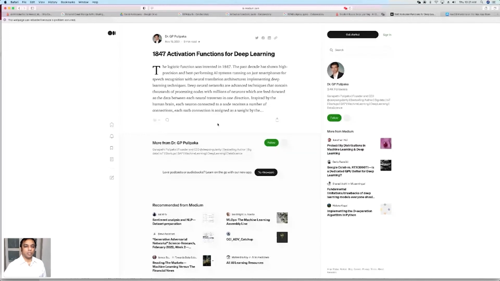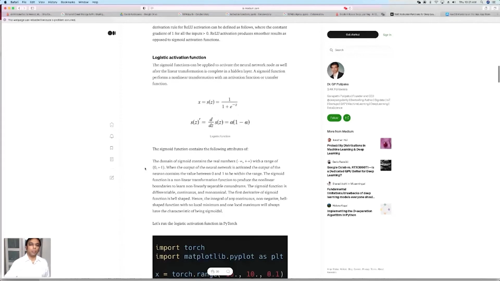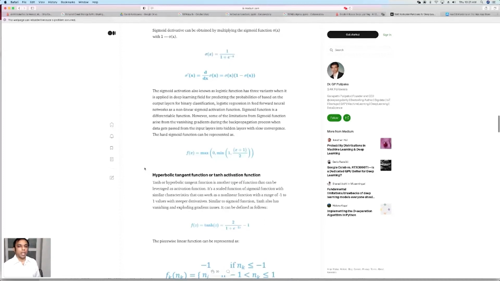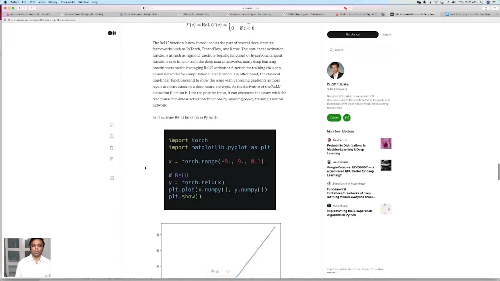For each activation function, you can see how to apply the logistic activation function, the hyperbolic tangent or tanh activation function, or the ReLU, which is the rectified linear unit activation function. You can take a look at each of these functions and see how to implement them. There is an example based on PyTorch, TensorFlow, or Python that you can implement, and that'll give you the value.